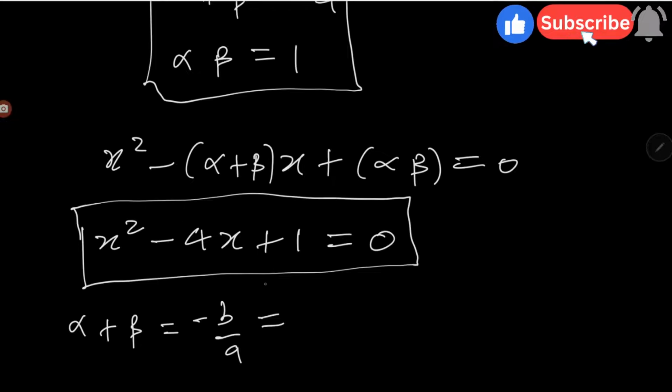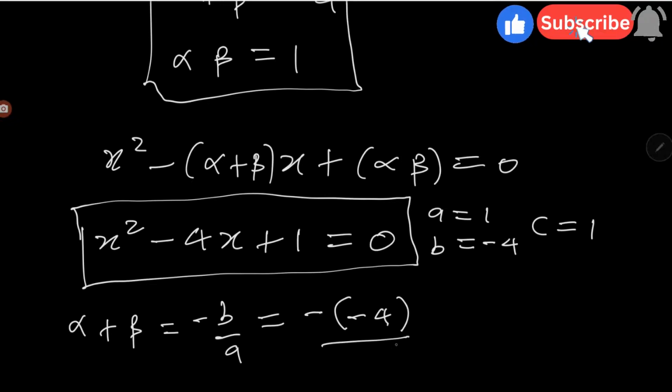Now from this equation, I have a as 1, b as negative 4, and c is also a 1. So we have minus of b, which is minus 4, over a, which is 1, and this will just be 4, which is what we had before. Alpha plus beta is 4.